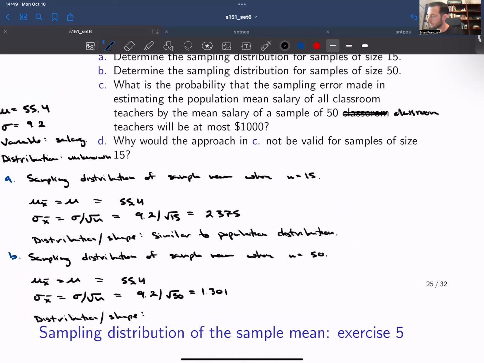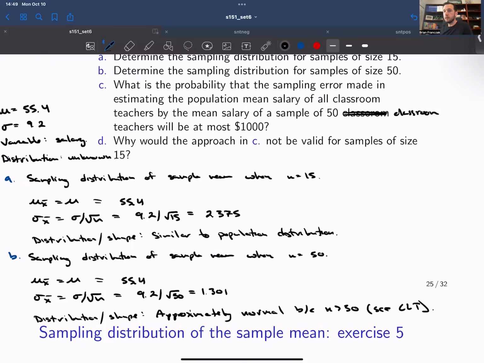And our shape is going to be approximately normal because n is greater than 30. And then I'll write CLT, central limit theorem.